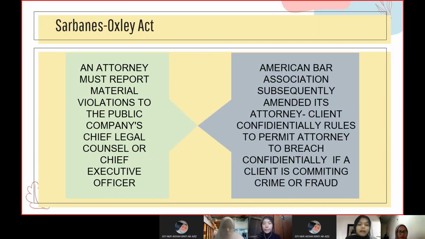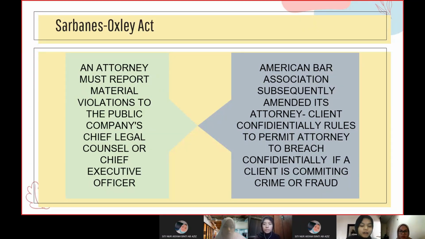As directed by the Sarbanes-Oxley Act, rules require attorneys serving public companies to report material violations of federal securities law committed by the company. An attorney must report a material violation to the public company's chief legal counsel or chief executive officer.